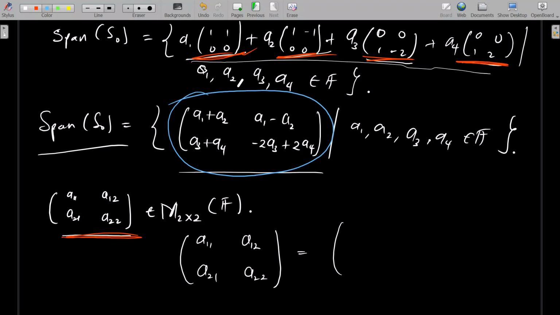So I want to say that if it belongs to that span, then we can write it as that form, a1 plus a2, a1 minus a2, a3 plus a4. Remember what a1, a2, a3, a4 are: they are the scalars in front of the vectors in S0. Negative 2a3 plus 2a4. Right, so we have that.